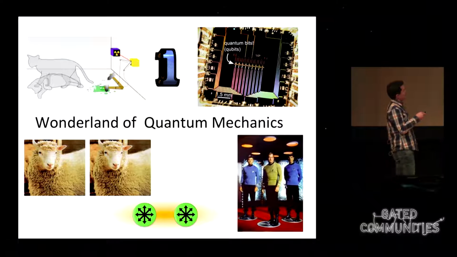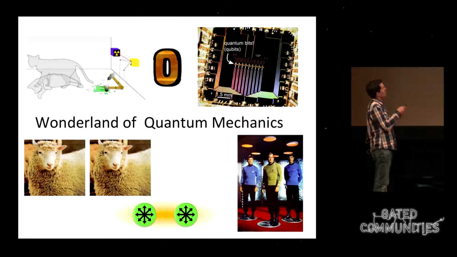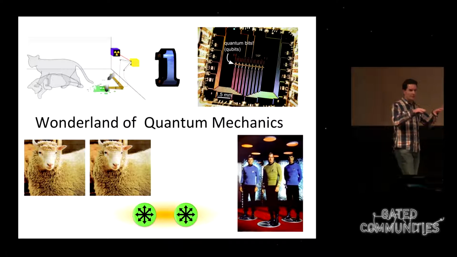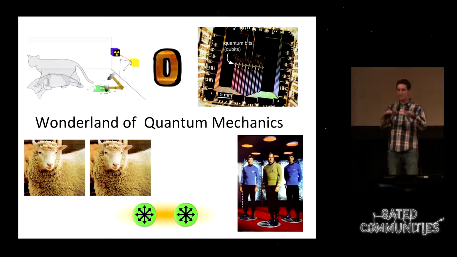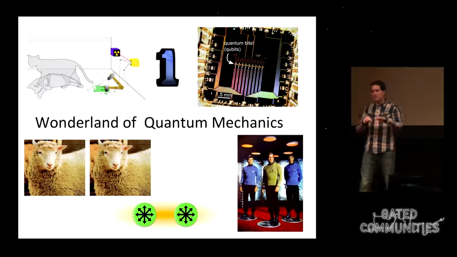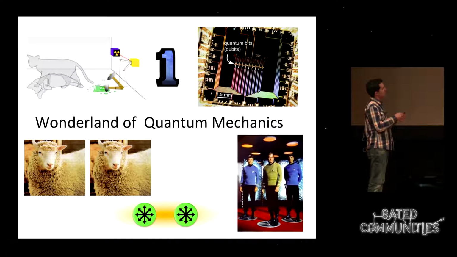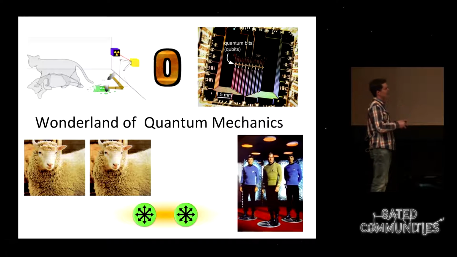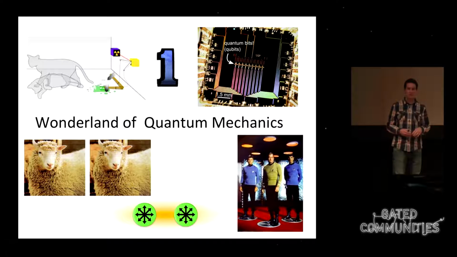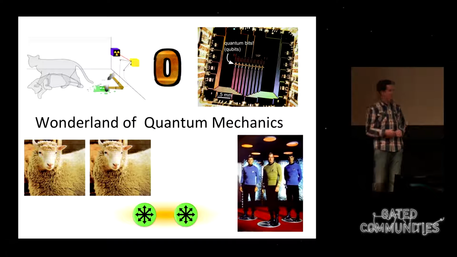And if the outcome is 0, then nothing happens, and the cat is alive. So Schrödinger thought of this experiment, don't do that at home, where the superposition should extend to this macroscopic object of a cat, which is both dead and alive at the same time.